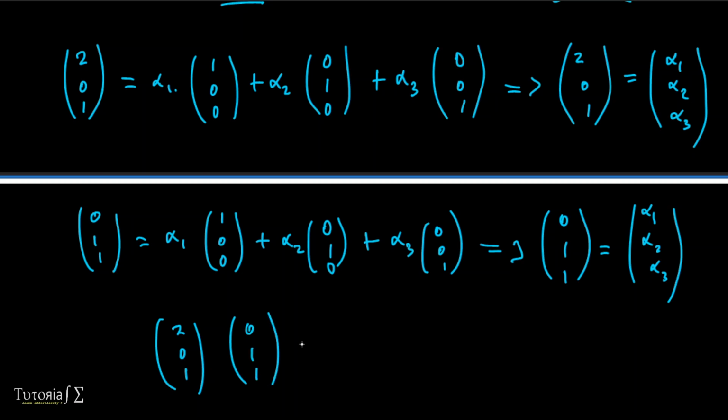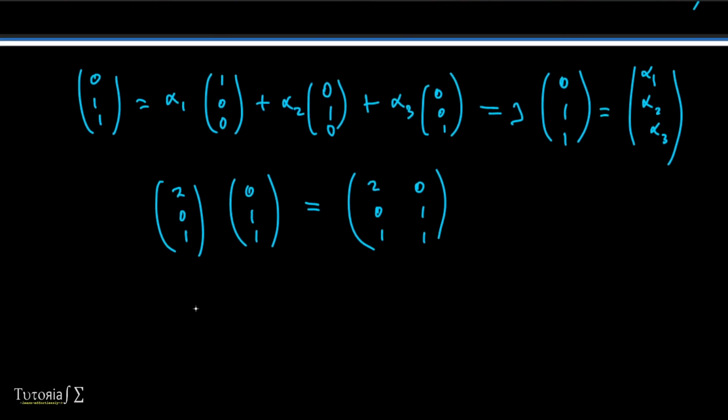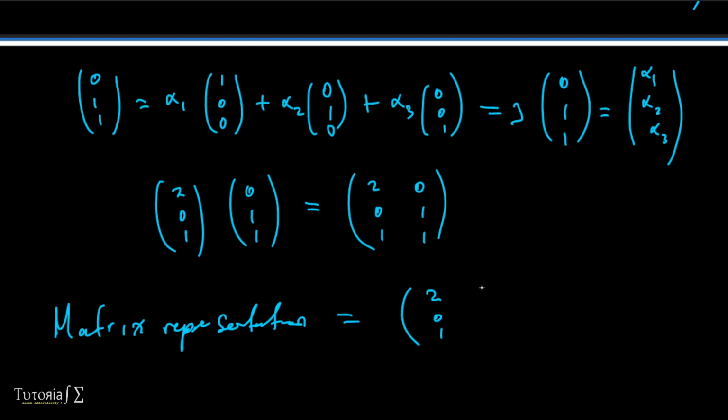Okay, so writing this as a matrix, it is this row, 2, 0, 1, and this row, 0, 1, 1. Then what we do here is we transpose. So the matrix representation equals 2, 0, 1, 0, 1, 1 transposed.